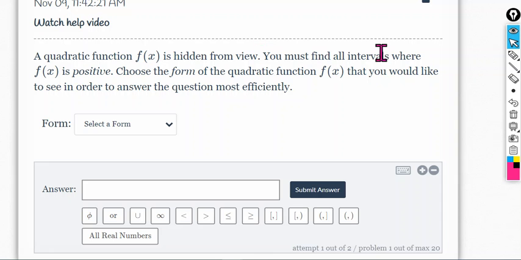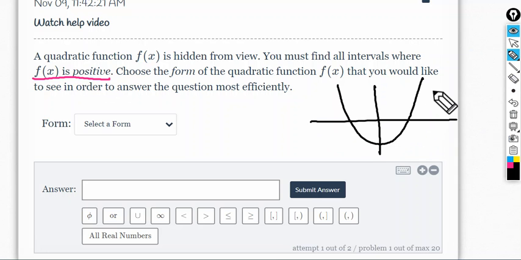I want to know where f of x is positive. Now, this is a review question. F of x is positive means that I want to know where the y value is positive. That's quadrants 1 and 2.